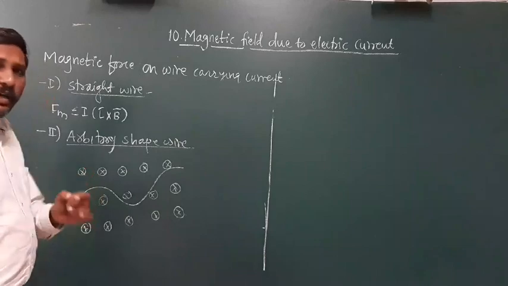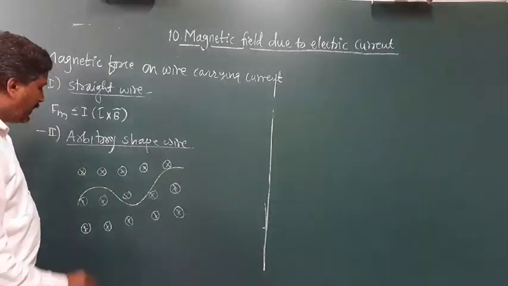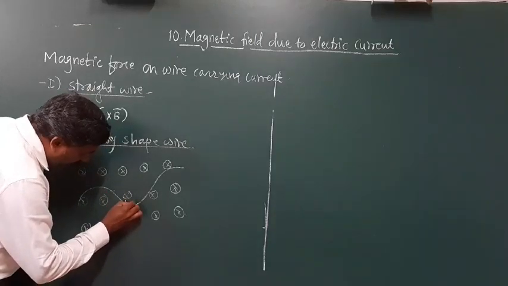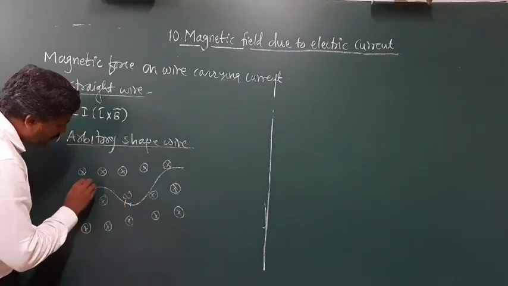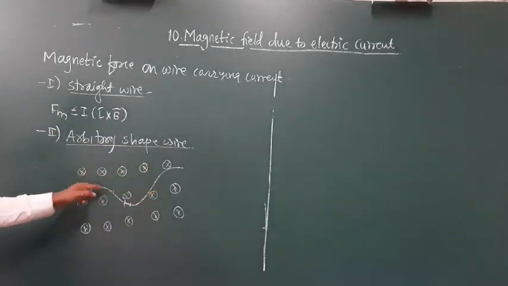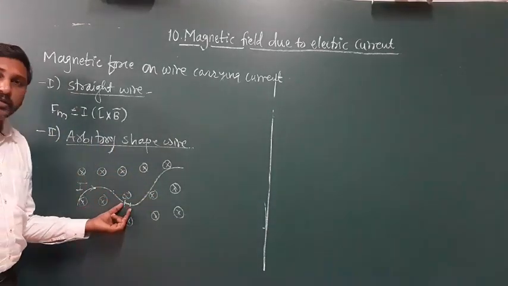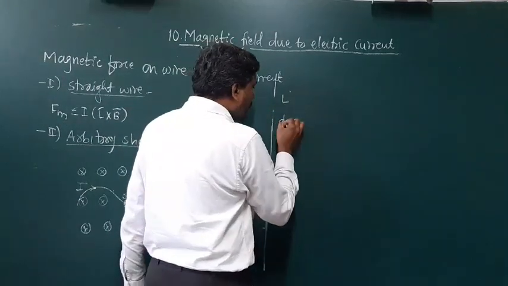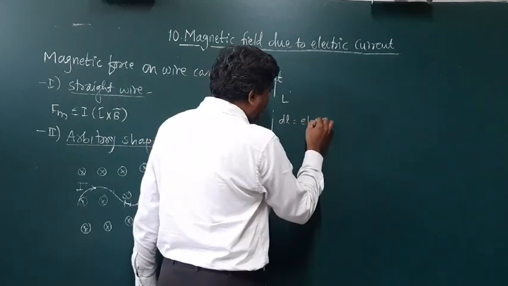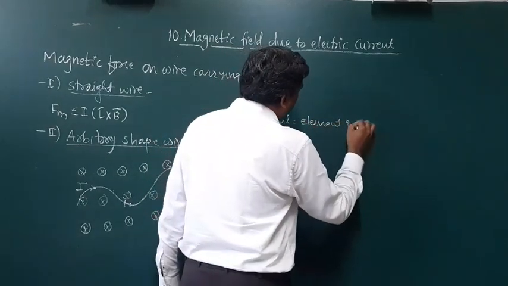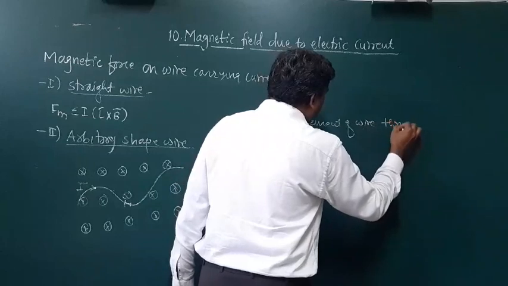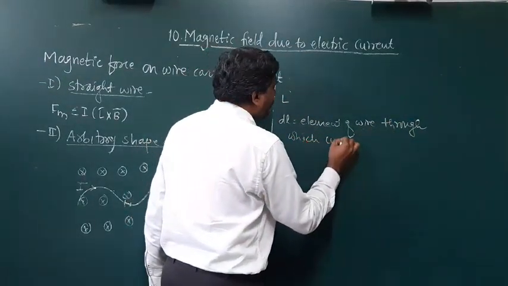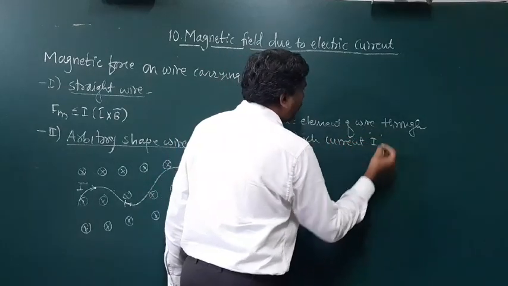So we have to select one small piece of that element. If I take a small piece of the element, I will choose this small piece, and current is flowing through this conductor, this wire. This piece has length dl. The total length is capital L, and I am selecting a small element of wire through which current I flows.